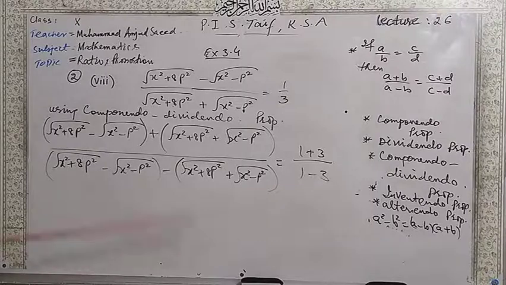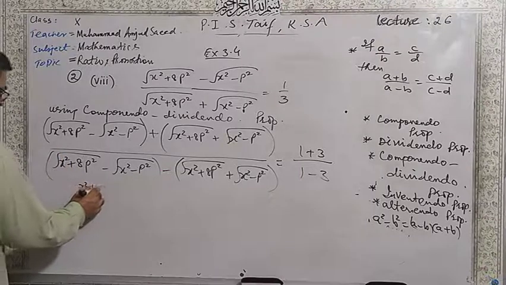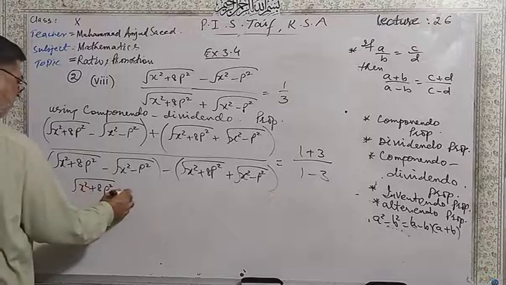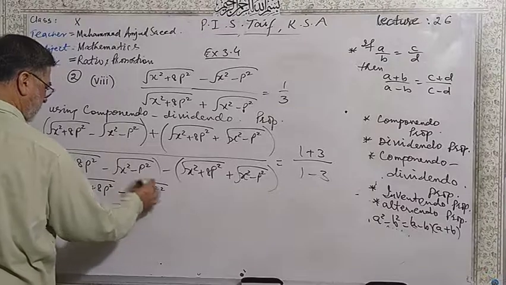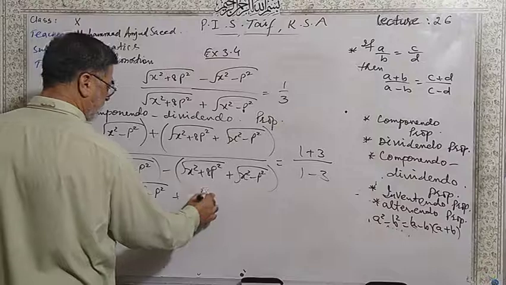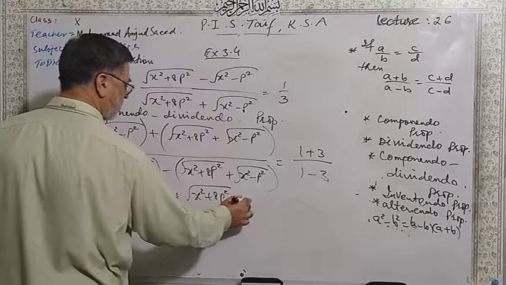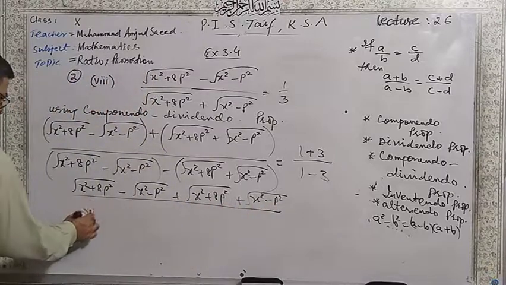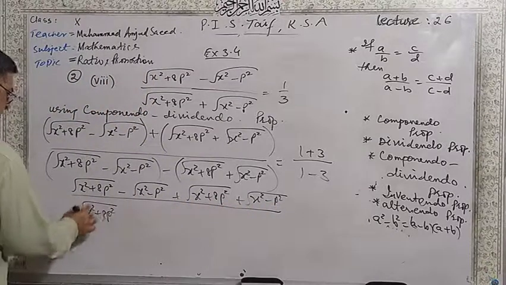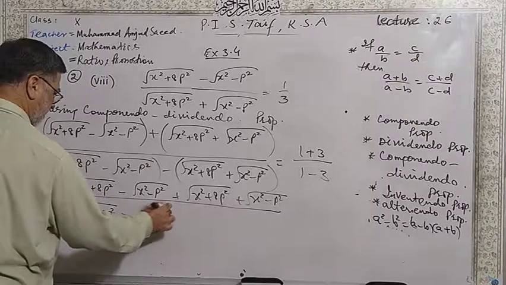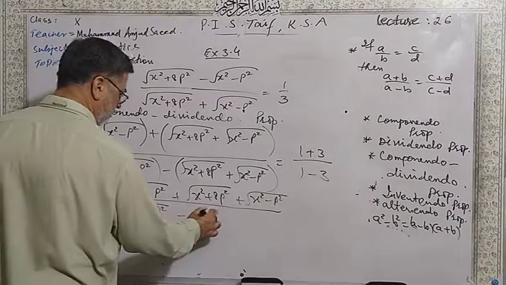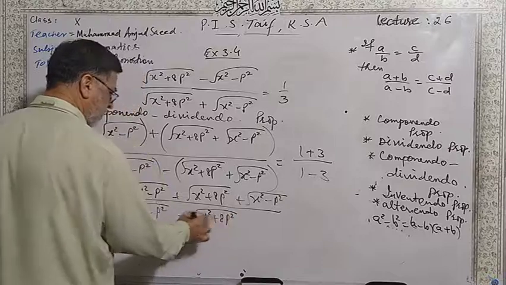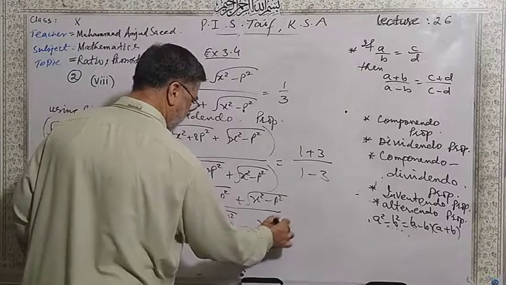Dear students, open up the bracket so that there may be a change of sign if there is a negative sign outside, like that. Here is the square root of x square plus 8p square minus square root of x square minus p square, plus square root of x square plus 8p square plus square root of x square minus p square, over square root of x square plus 8p square minus square root of x square minus p square, minus square root of x square plus 8p square minus square root of x square minus p square.